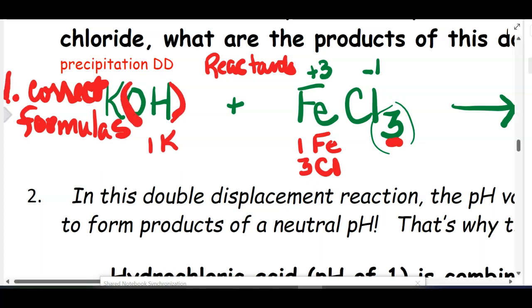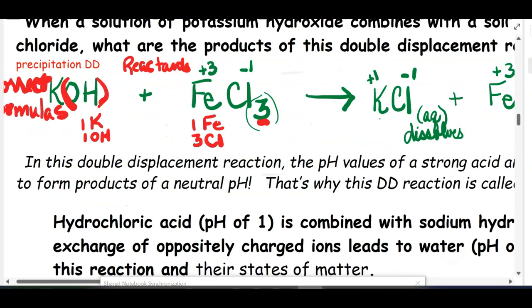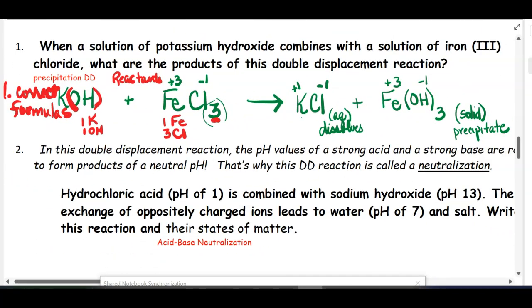We keep polyatomic ions together. 1 OH. So the conservation of matter says there should be the same number of each kind of atom. And over here we see we have 1 potassium, 1 iron, 3 hydroxides, and 1 chlorine. Oh no. What's the problem, Aaron?